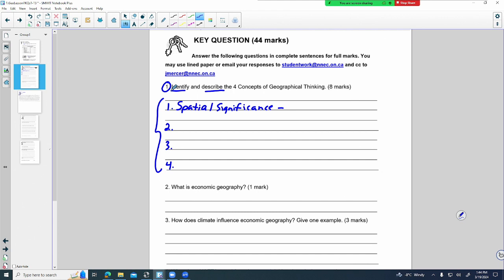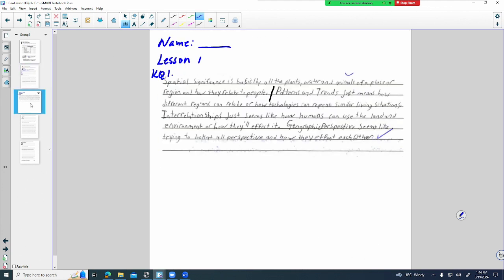So patterns and trends, interrelationships, and geographic perspective. So I showed you an example of what the student wrote here. Spatial significance is basically all the plants, water, and animals of a place or region and how they relate to people.